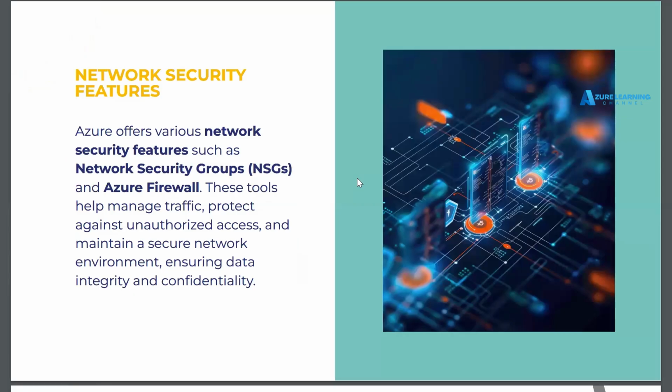The next one is network security. When discussing network security, two things come up front: network security groups and Azure Firewall. A network security group has inbound and outbound access. What is inbound? Inbound means any request that comes from externally.